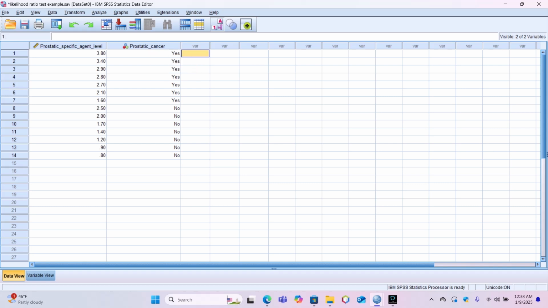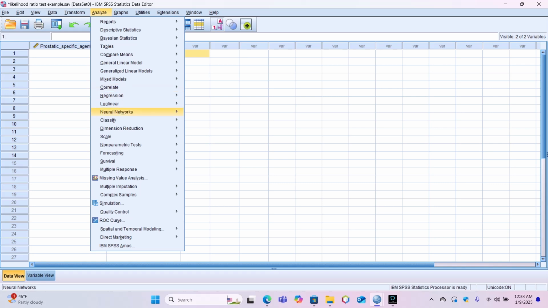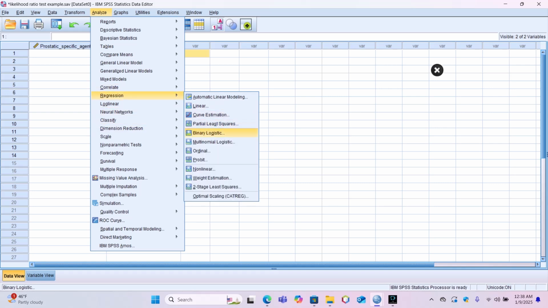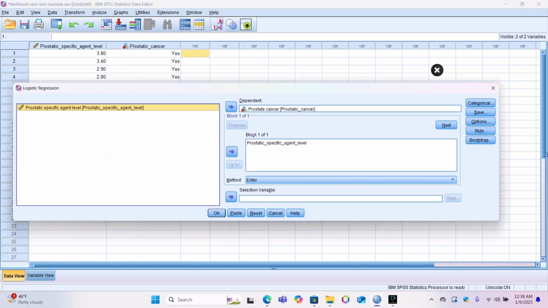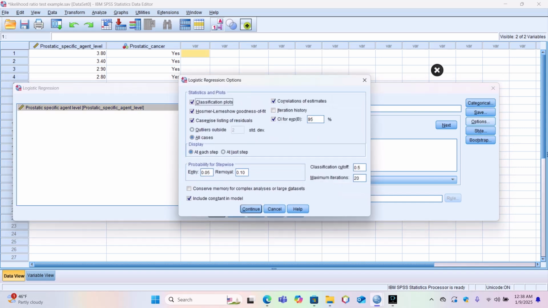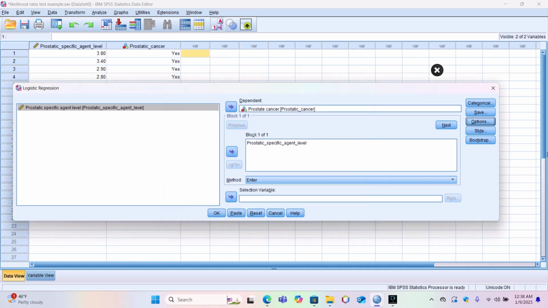So we'll go into Analyze, Regression, Binary Logistic, and put prostatic cancer as the dependent variable and prostatic specific antigen level as the predictor. Then we'll go into Options and select classification plots, Hosmer-Lemeshow goodness of fit test, and confidence intervals for odds ratio. We'll continue with the test.